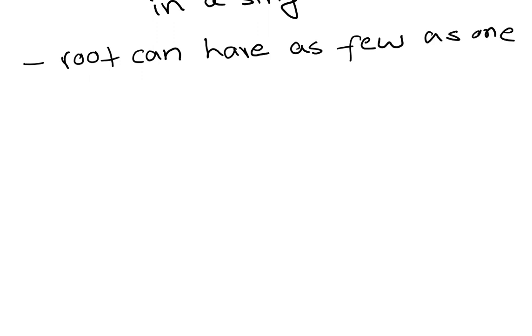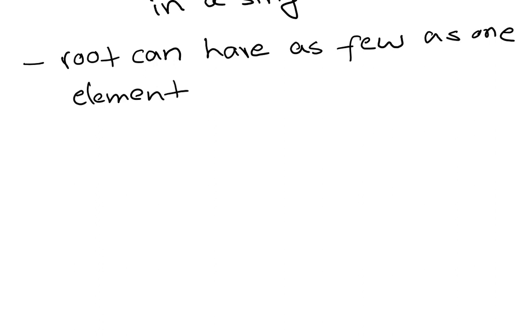And some more rules. The root can have as few as one element, or even no elements, and it is still called a B tree.